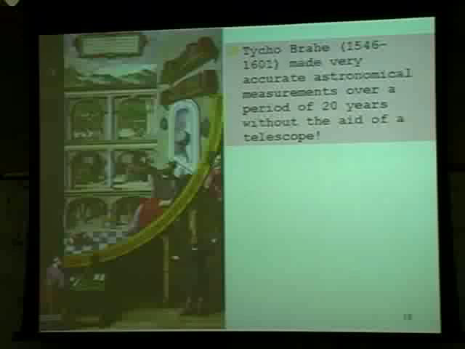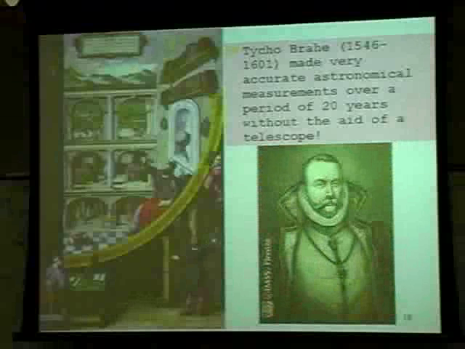It was the most accurate measurements of the planetary positions for up to 300 years after these were made. So it was the best data possible in that era, and frankly, for 300 years afterwards.